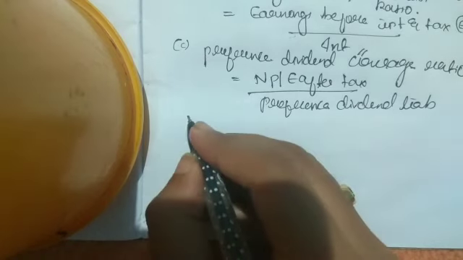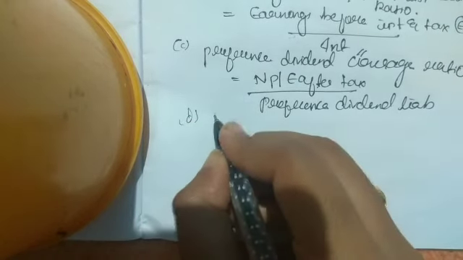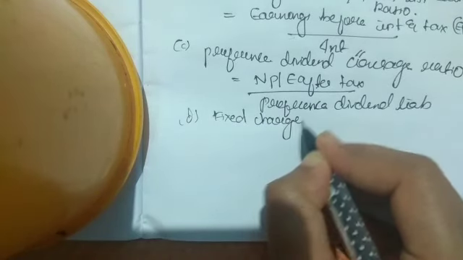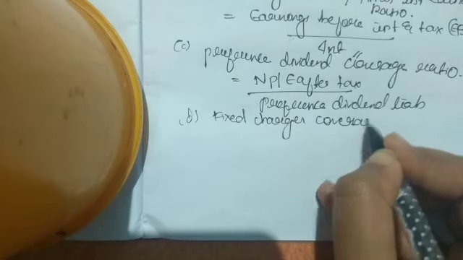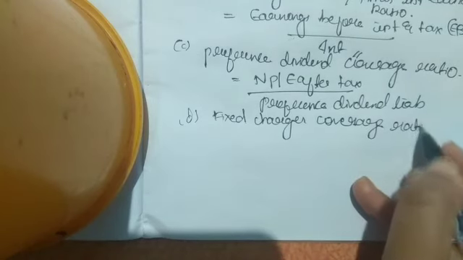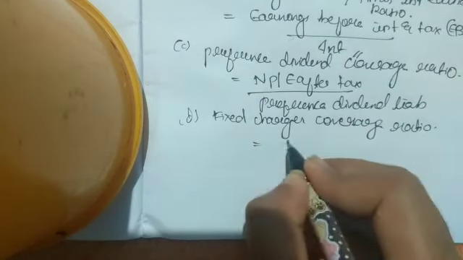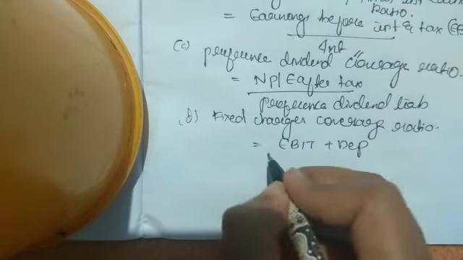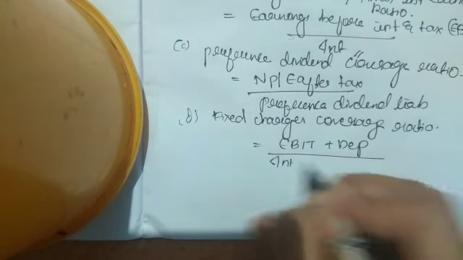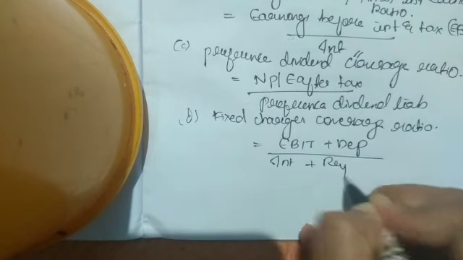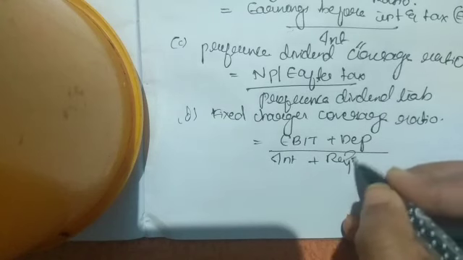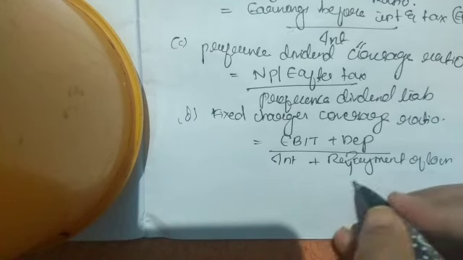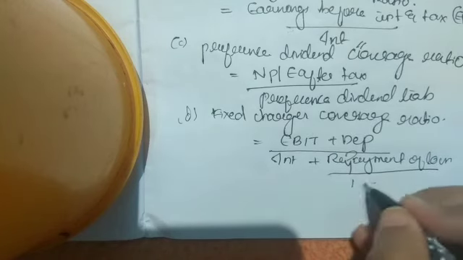The next ratio is fixed charges coverage ratio, and the formula is EBIT plus depreciation divided by interest plus repayment of loan divided by 1 minus tax rate.